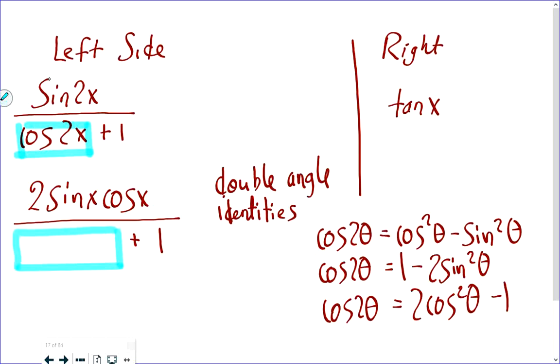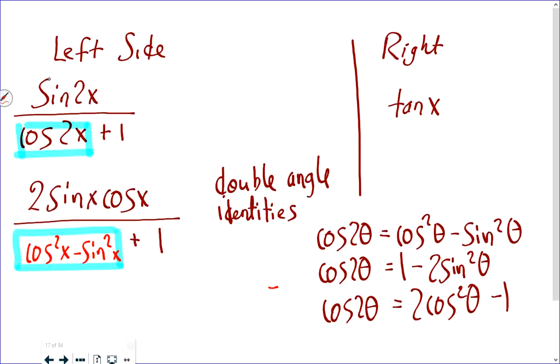I mean, you can try them, but first of all, if I look at the first option, if I were to write, and please don't do it, but if I were to write in here cos squared minus sine squared, all of a sudden, I have changed the bottom from a cosine and a number to a cosine, a sine, and a number. Nothing really happens there.